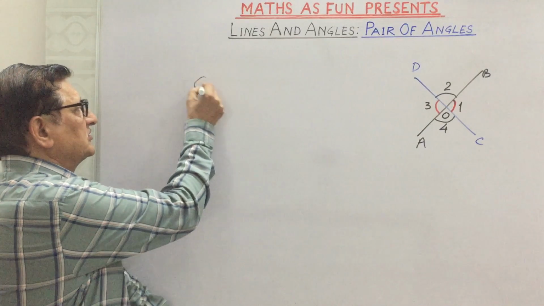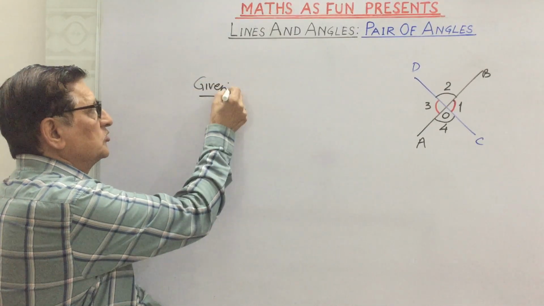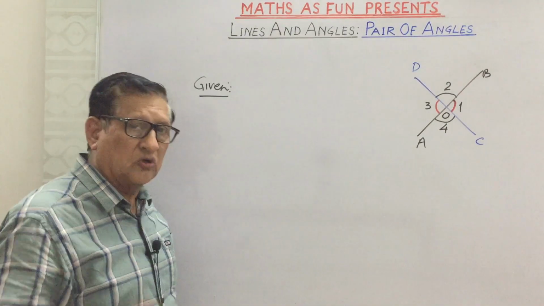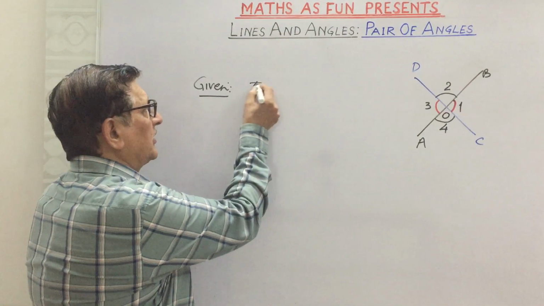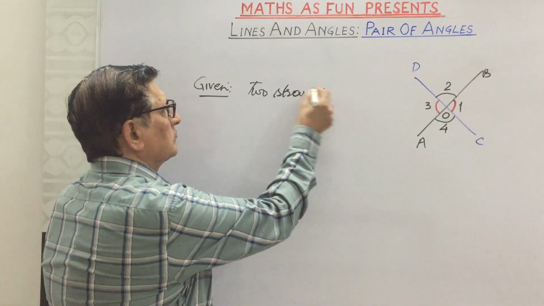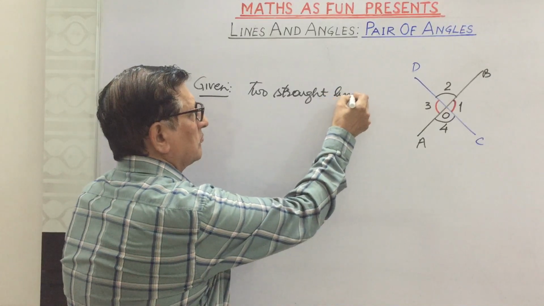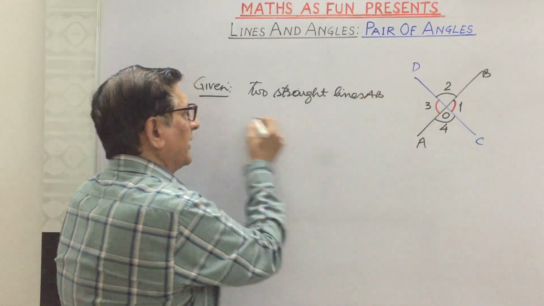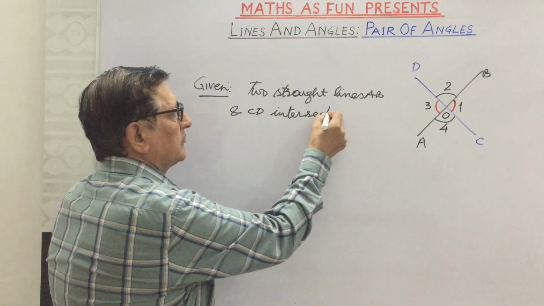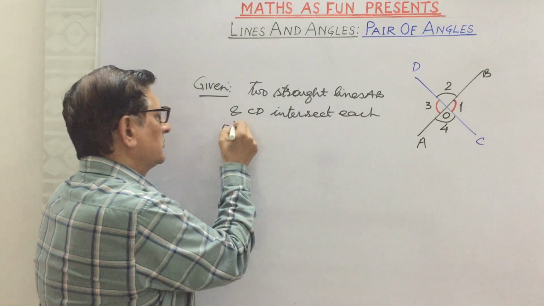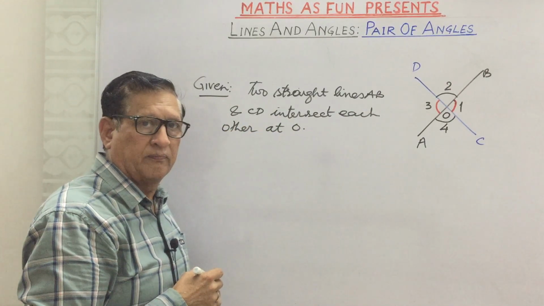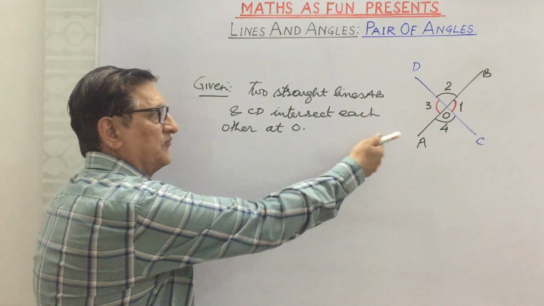Here what is given to us in this theorem, that is two straight lines AB and CD intersecting each other at O. So we are given here two straight lines AB and CD intersect each other at O. Angles 1, 2, 3, 4 are formed.